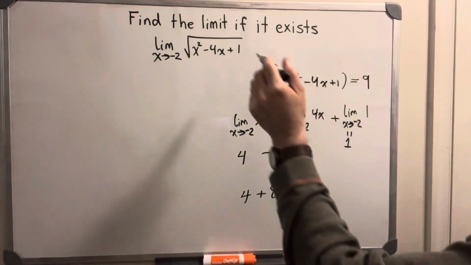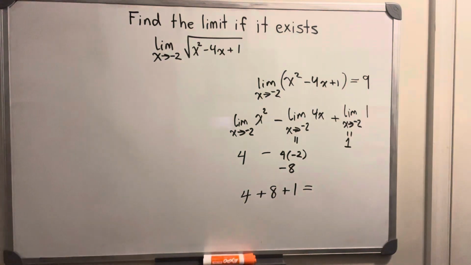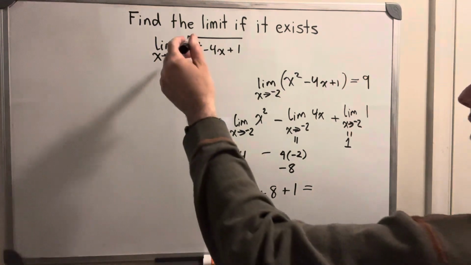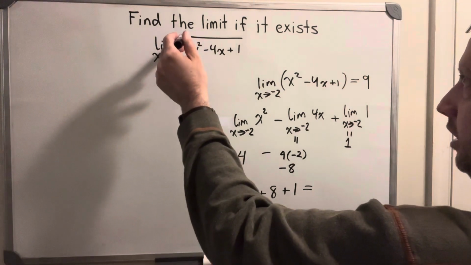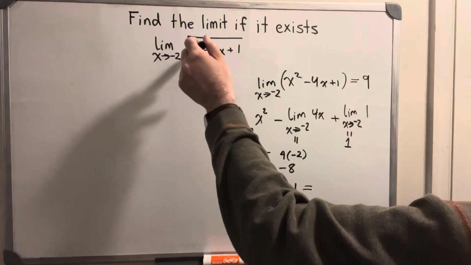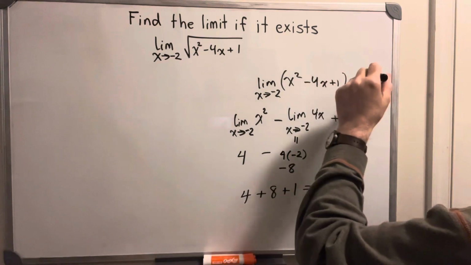Now we can go back and say, is that limit theorem involving roots applicable? This is a 2 because we're talking about the square root. So it's even. So the stuff inside has to be a positive limit. It is.